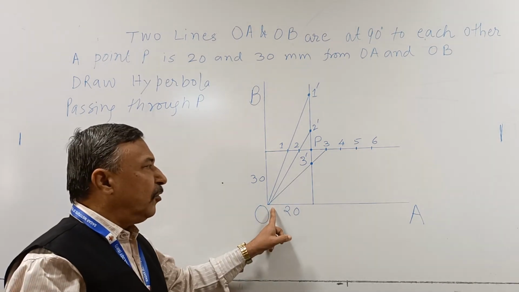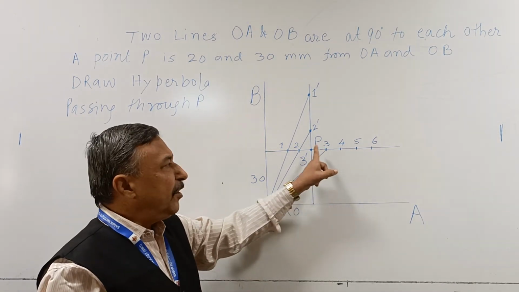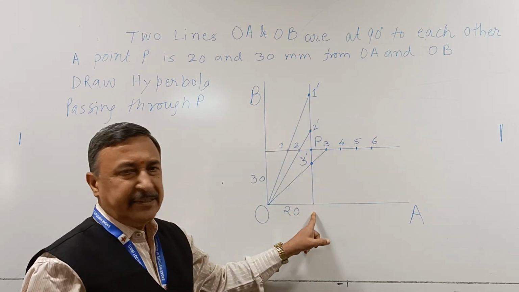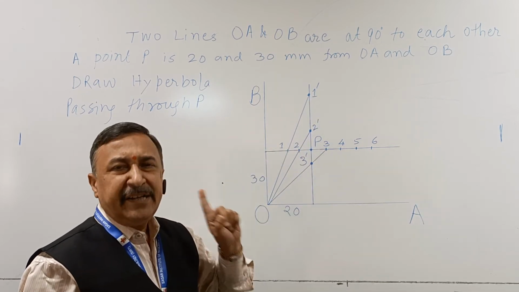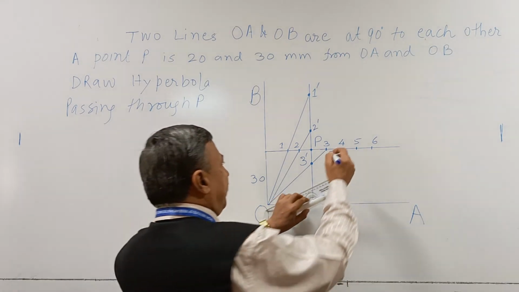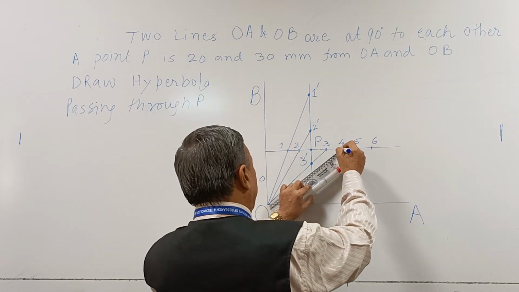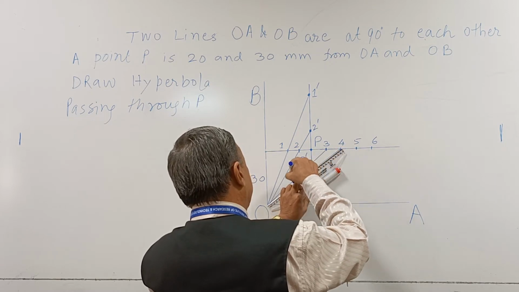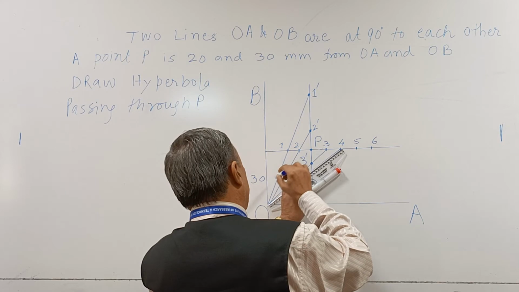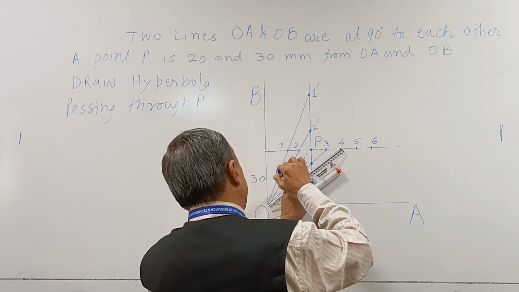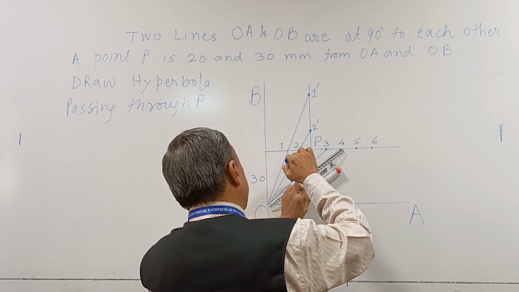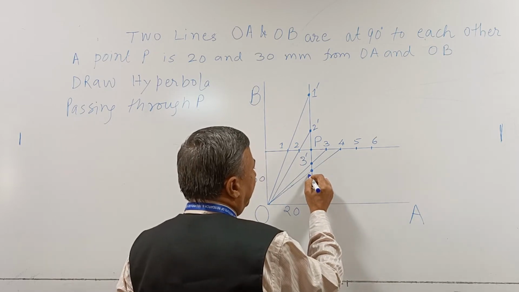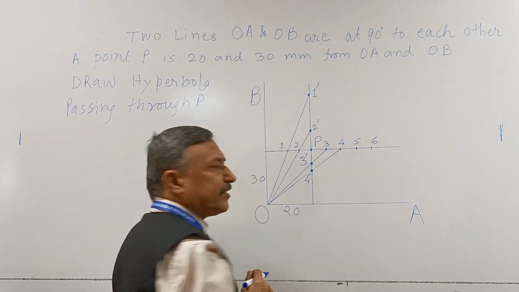If we join O to 3, we get an intersection point on this vertical line. Now if we join 4 to O, same way, you can get point 4 dash. This is your 4 dash.